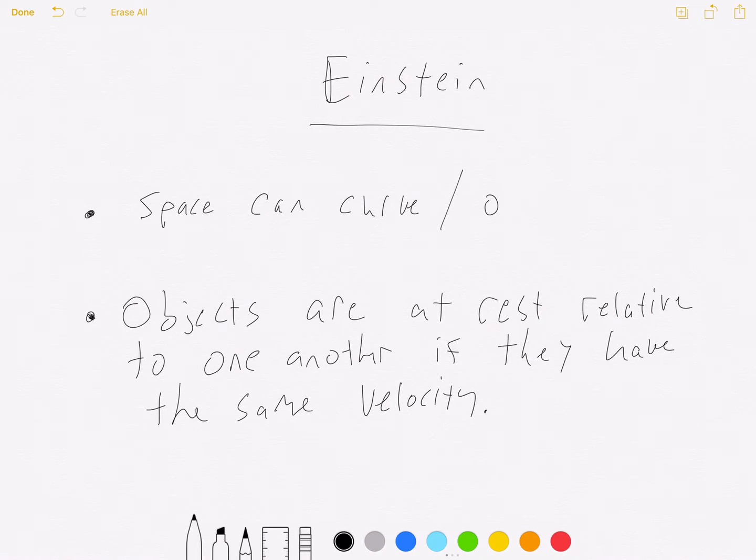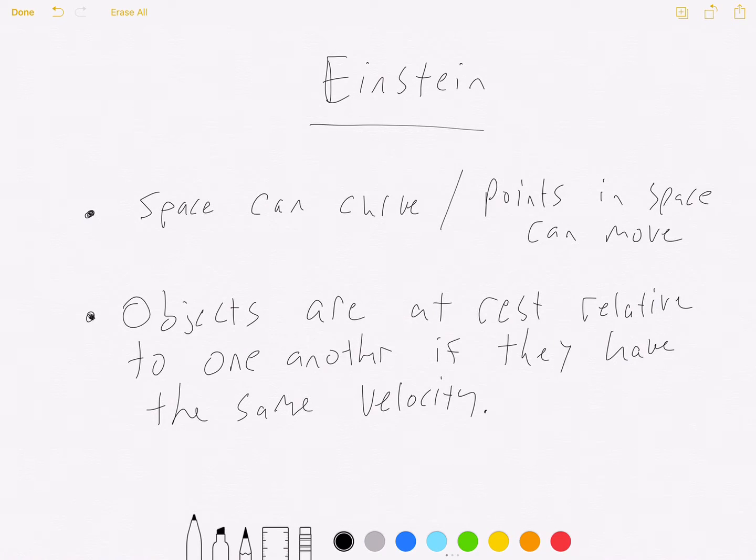And points in space can move. So unlike Newton, who believed that points in space were stationary and so you could be at rest relative to them, Einstein claimed that since points in space move, there really is no such thing as being absolutely at rest.